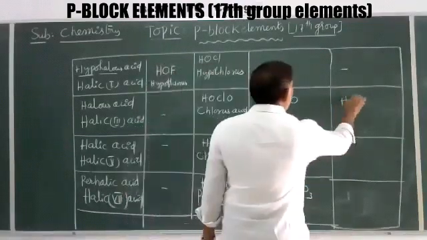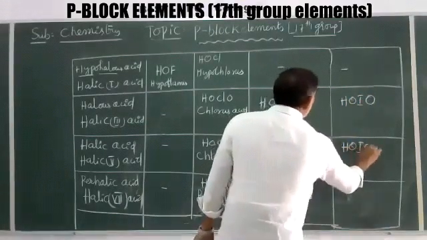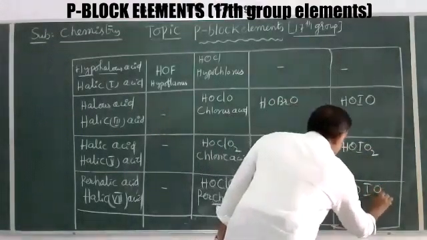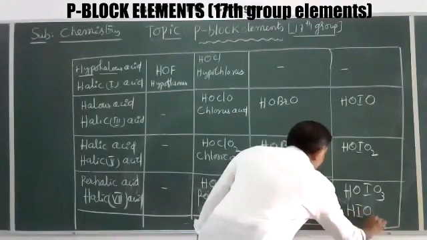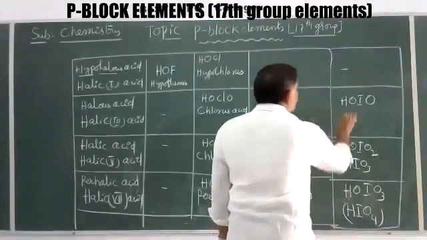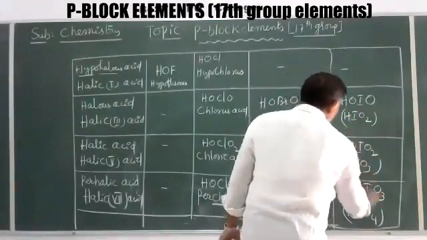Here also HOIO, HOIO2, HOIO3. This we can take as HIO4. Yeah, it is HIO3. This is HIO2, like also we can take.